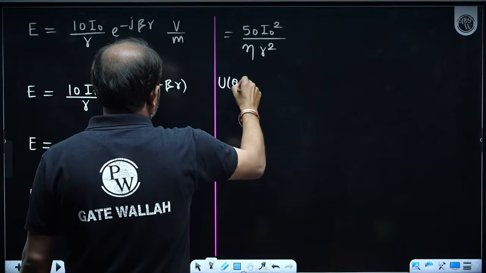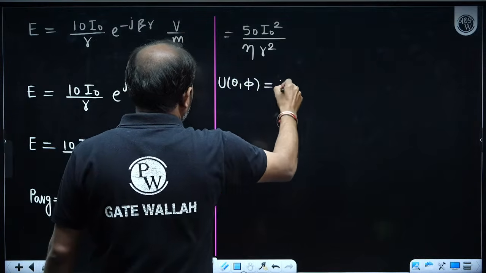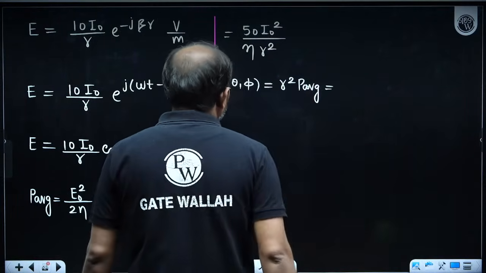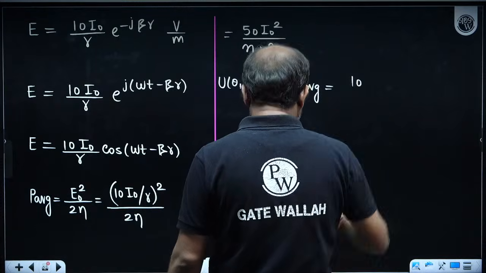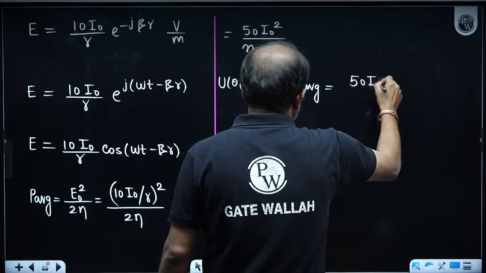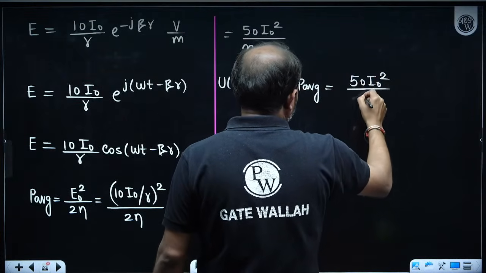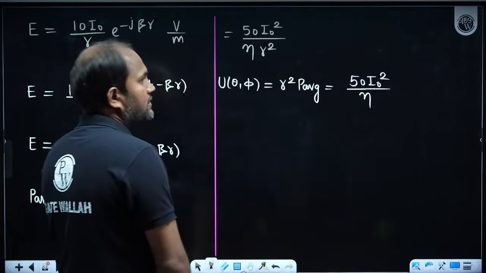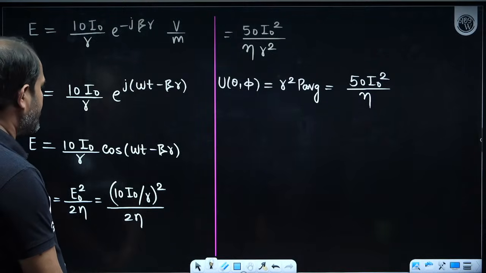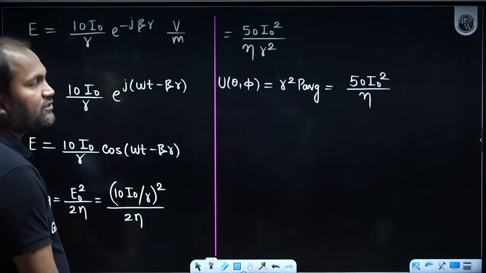So u theta phi is equal to r square into P average. So 50 I naught square divided by eta. So u theta phi you have calculated.